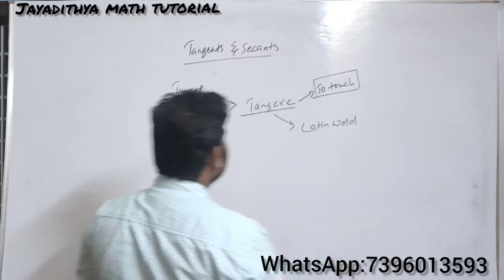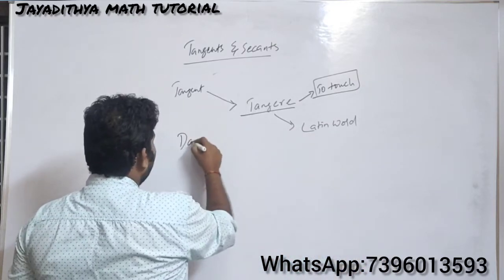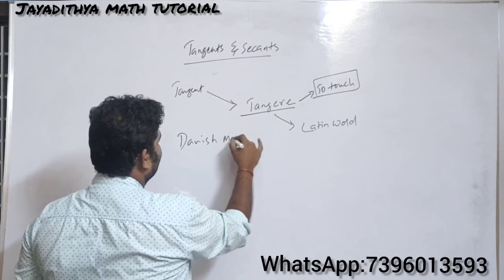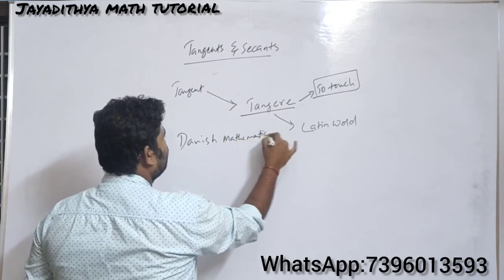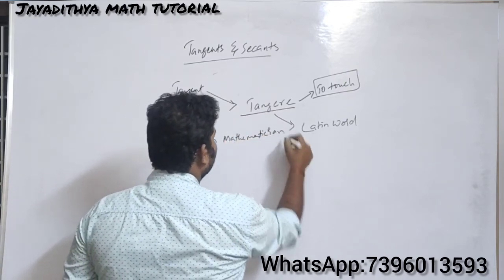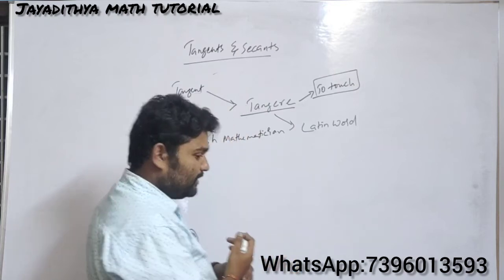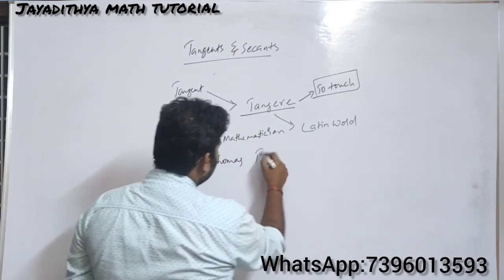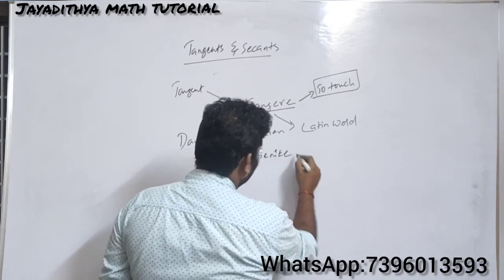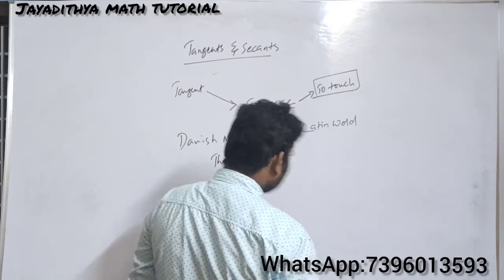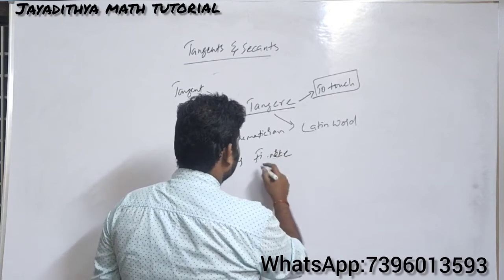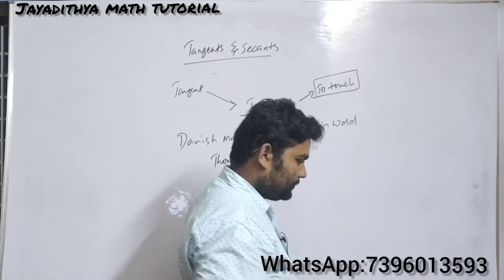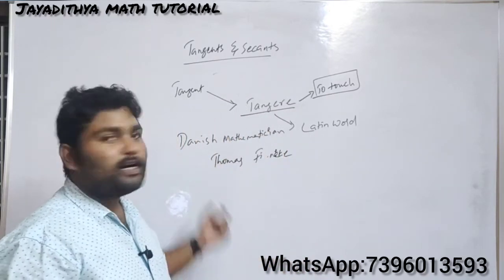The word was introduced by a Danish mathematician, and his name is Thomas Finnick. So he introduced the word tangent here.